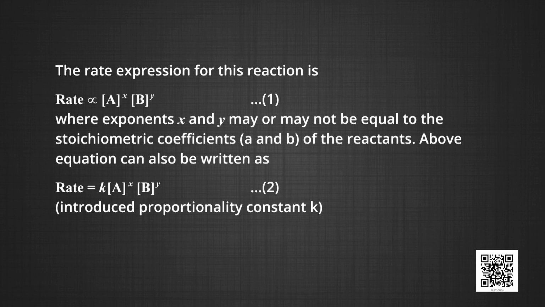Now, I have introduced the proportionality constant k. Minus dR by dt equals k [A]^x [B]^y. This form of equation is known as the differential rate equation, where k is a proportionality constant called the rate constant.